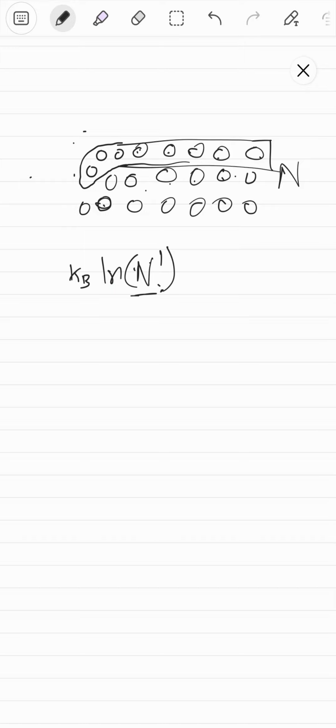And the entropy remains constant as long as the volume, which is basically proportional to the number of moles, the number of atoms, stays constant under constant temperature, and constant pressure as well. Actually, maybe I should not say constant pressure, but whatever.